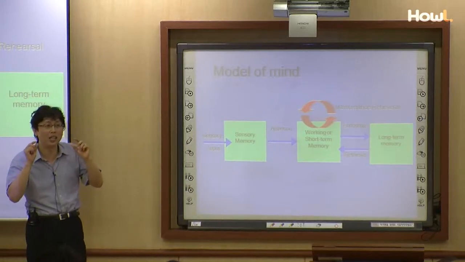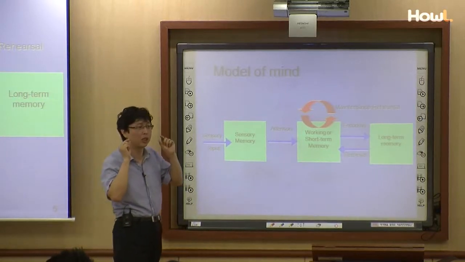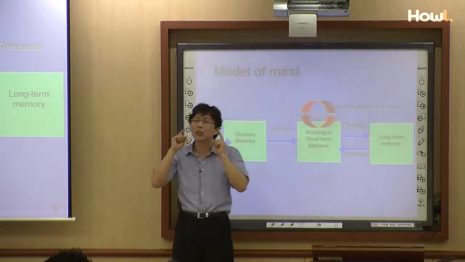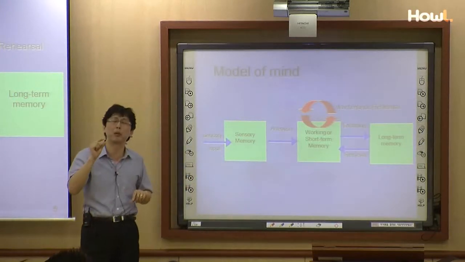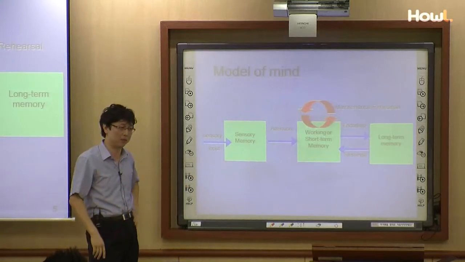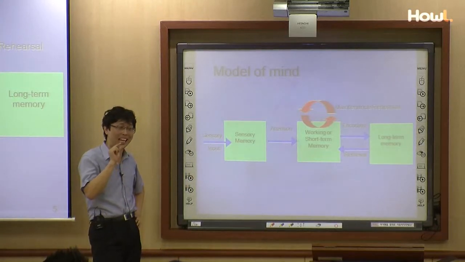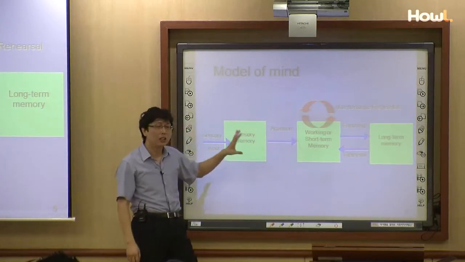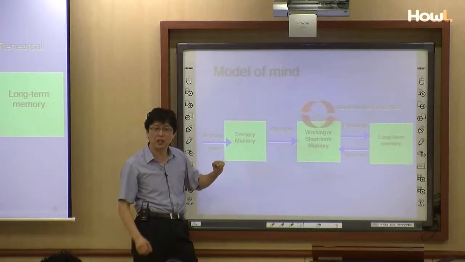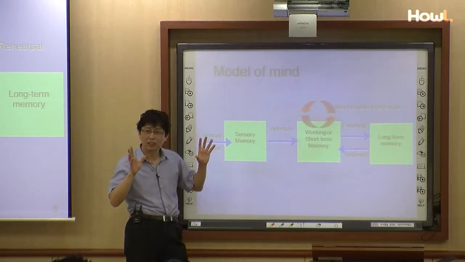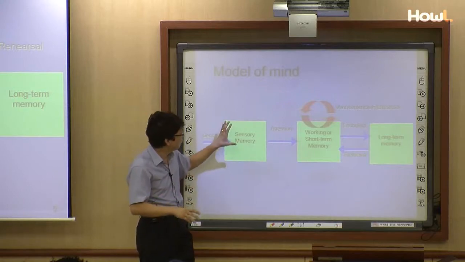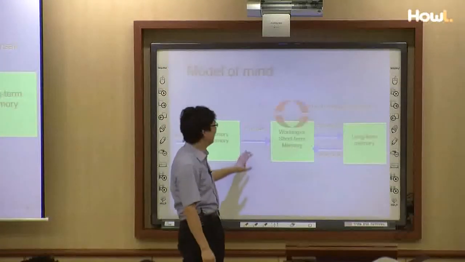So your eye has your visual sensory memory, and your ears have a very short time interval memory for audio information. Very short time. So without any intention, all the sensory information is gone.